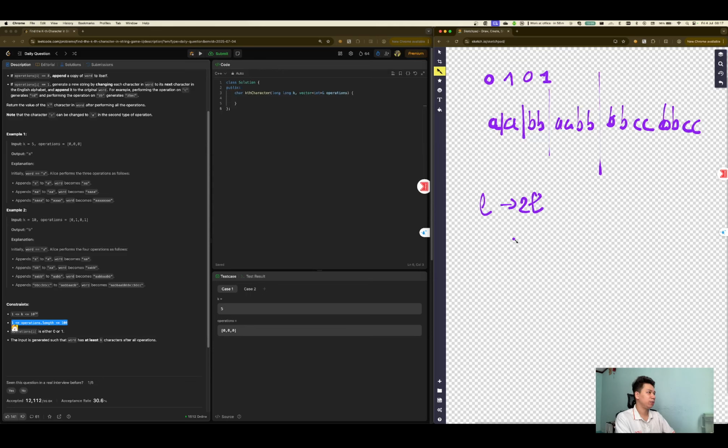K minus the operation. We need to store the shift here because the character must also increase by 1. So for the operation, if index is 1, that means we shift, increasing from the previous character by 1. For example, this previous character is C, so it will increase by 1 to become D. And minus index, because you jump back from this K to K minus L, that means you jump back to there.